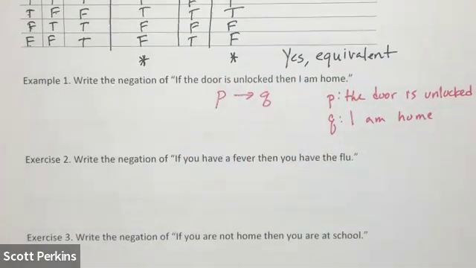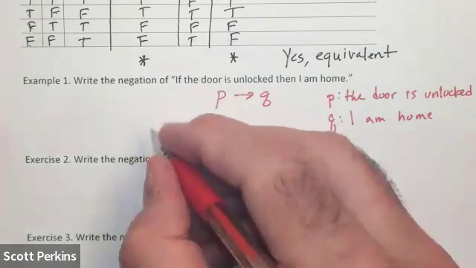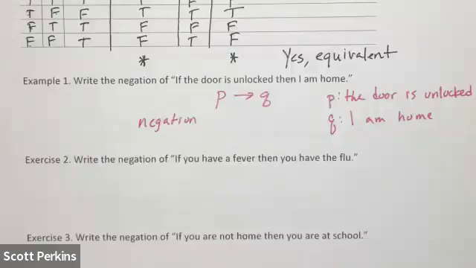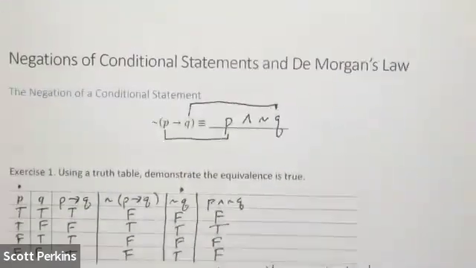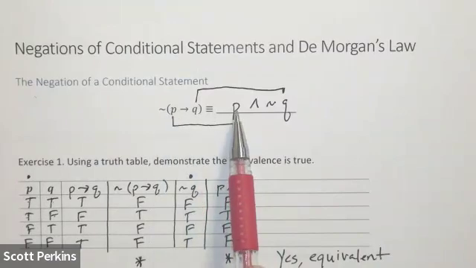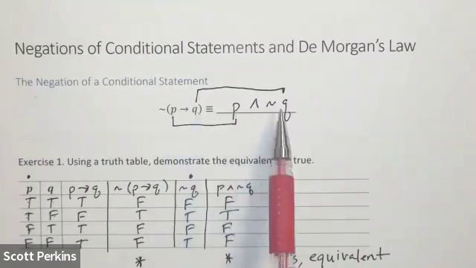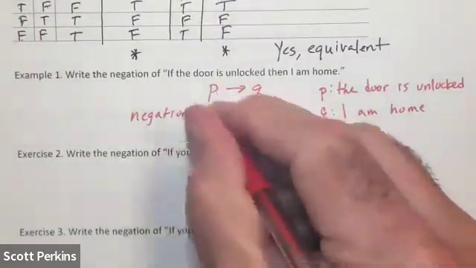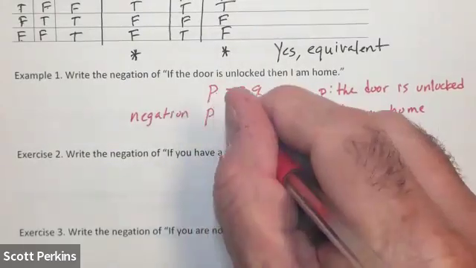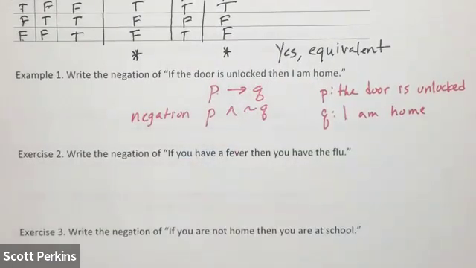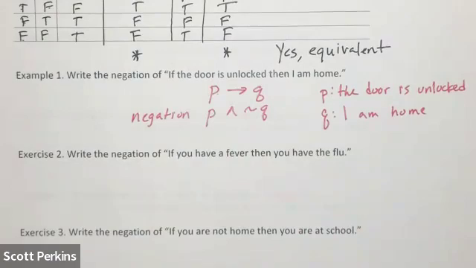So now the negation of that. When I negate that, remember, we leave the condition alone, we take the consequence and we negate it and join it with an and. So the negation of if the door is unlocked, then I am home is the following statement.